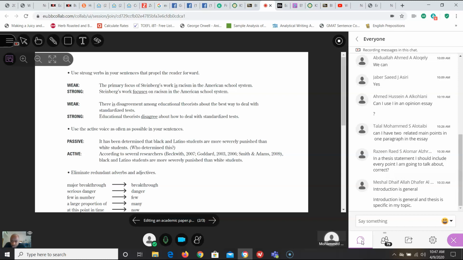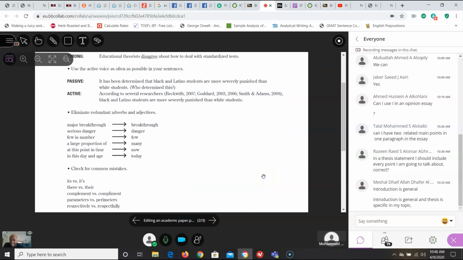According to several researchers, Black and Latino students are more severely punished than white students. All right. Here, who is the one that determined that? The researchers determined that. So write that. Okay. And then that's going to force you to write strong verbs.